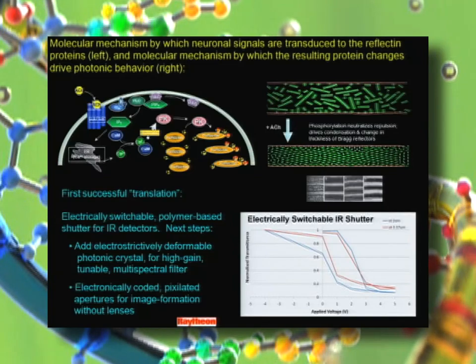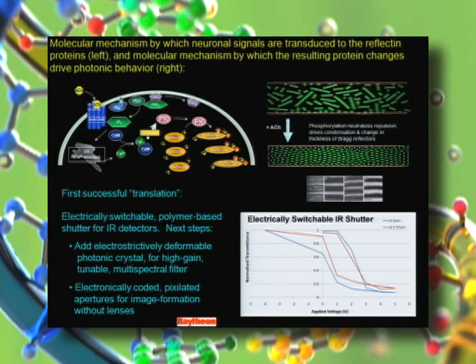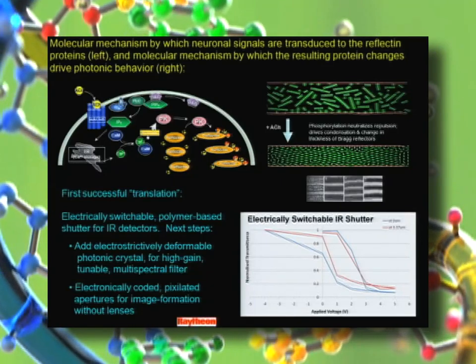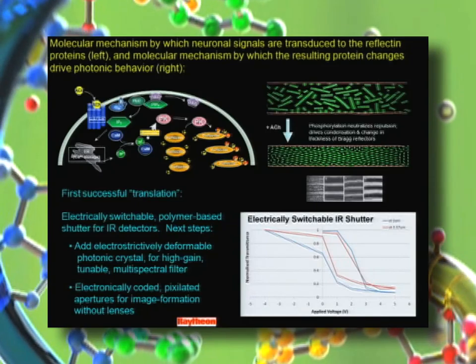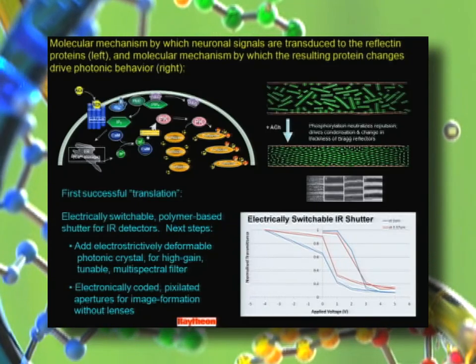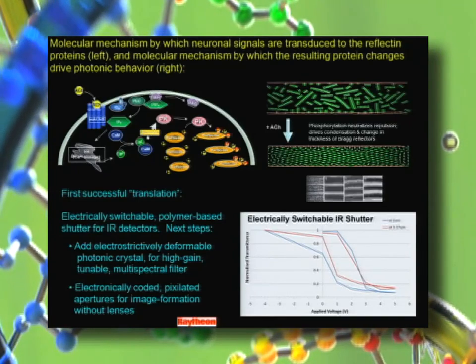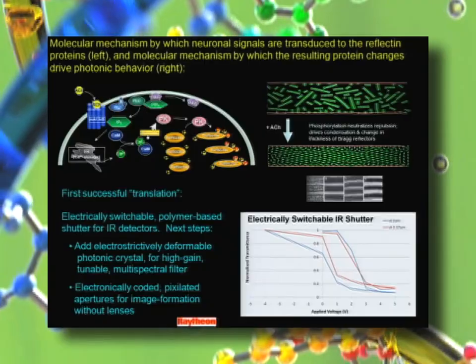In other words, to tune through the colors in the infrared to make this a lightweight multispectral filter, and then also take advantage of the shutter to develop an electronically coded, pixelated set of apertures for image formation by information synthesis without a lens.